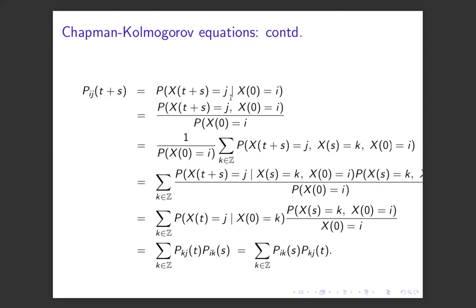Just take the definition of conditional probability, then you have this. And at the intermediate time point, let's say it has gone through some k. So you split the numerator into these disjoint events and take the sum of them. That is, in between, you write X_s equal to k. At time s, it must be some k.